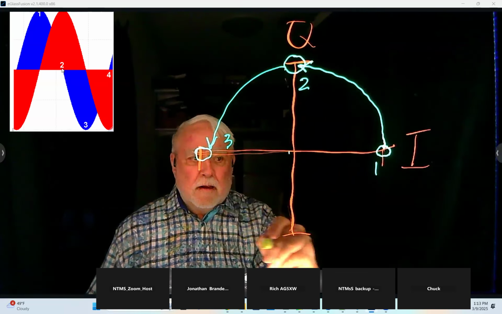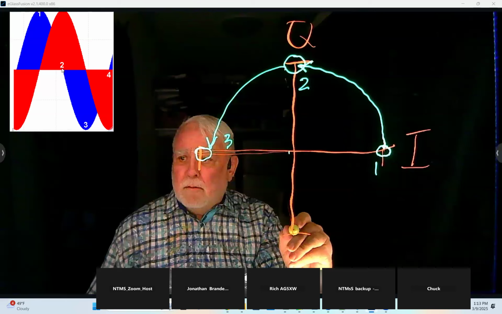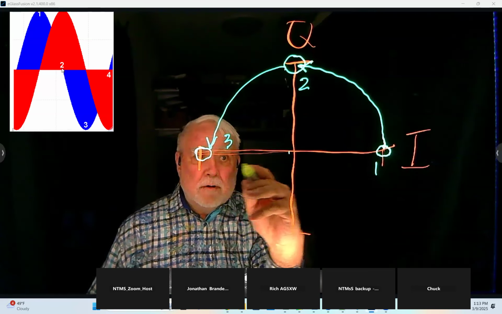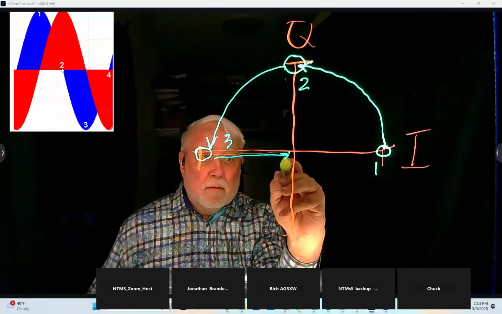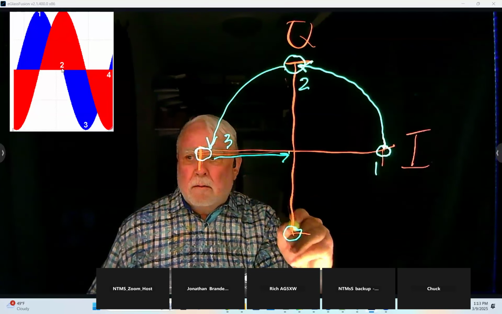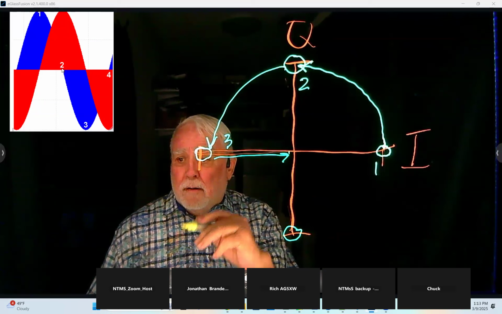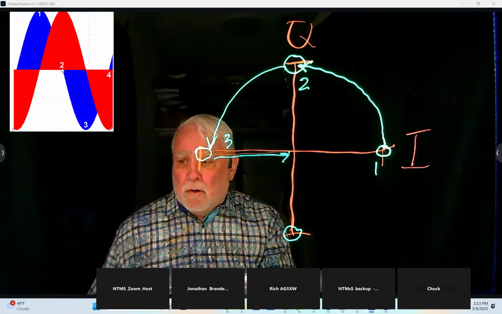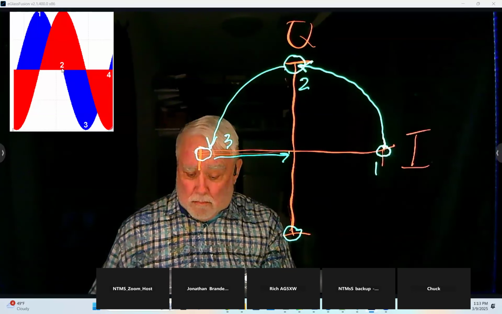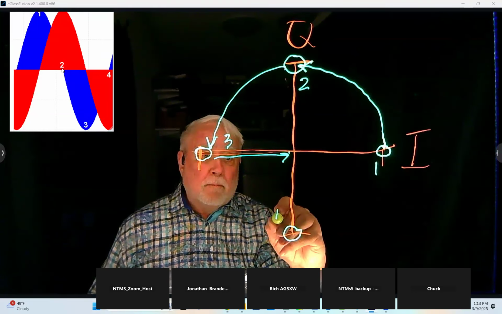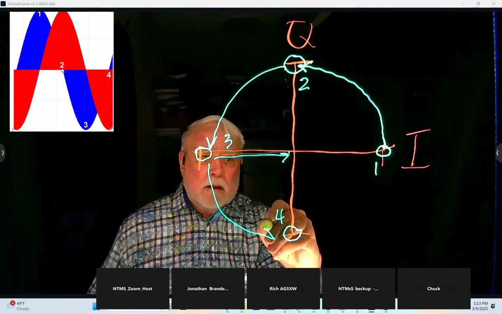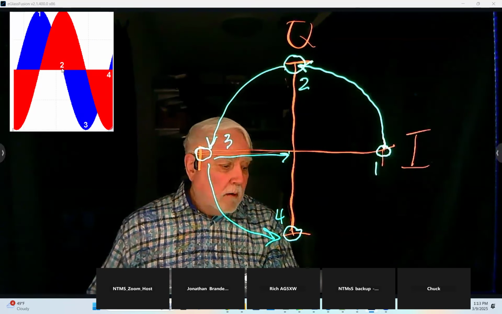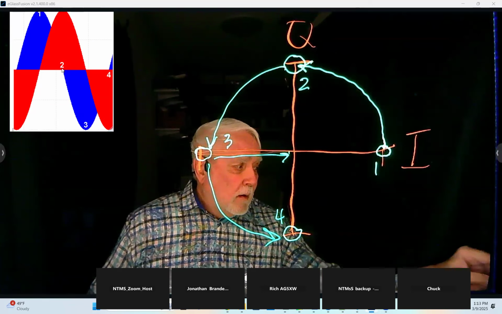And you might guess that the next one is going to be a real value of 0. So real has come back to 0. And imaginary is now crested at the lowest point, which is -1. So that's number 4. We clearly have counterclockwise rotation.